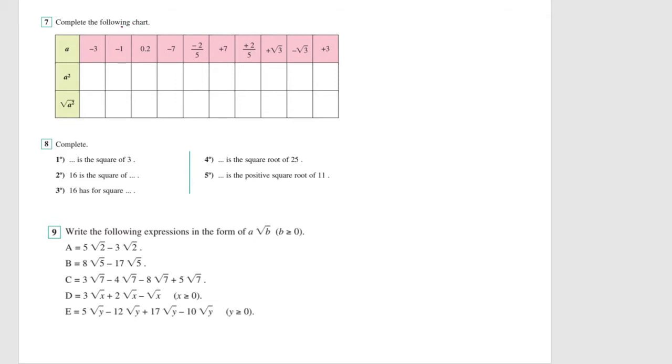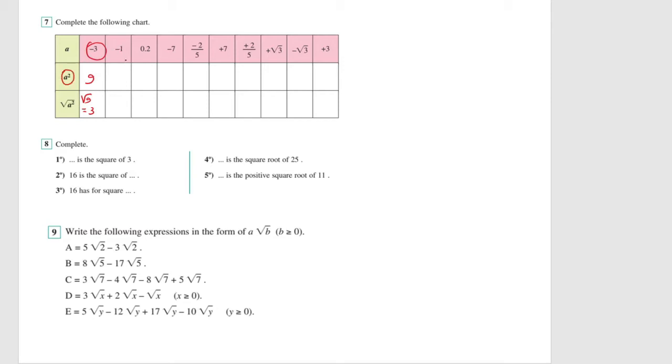Complete the following chart. A squared, radical A squared. We solved one like this before, but we will do it with different numbers. A is negative 3, A squared is 9, radical A squared means radical 9, equal to 3. Did you understand? I have a number here, I square it, and I take radical A squared, meaning the radical of this one.